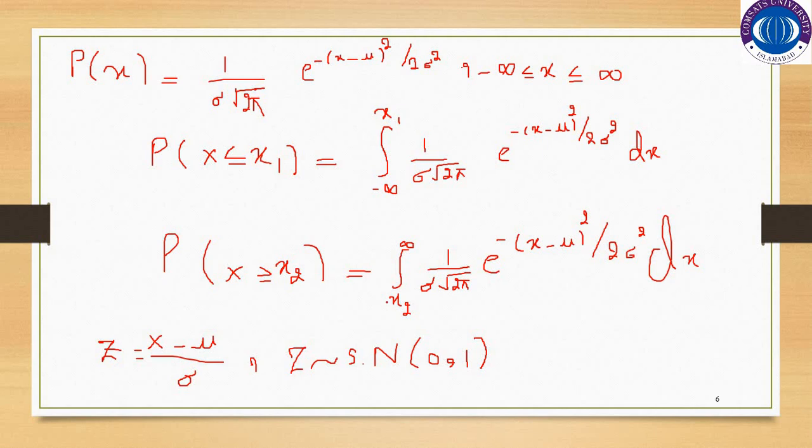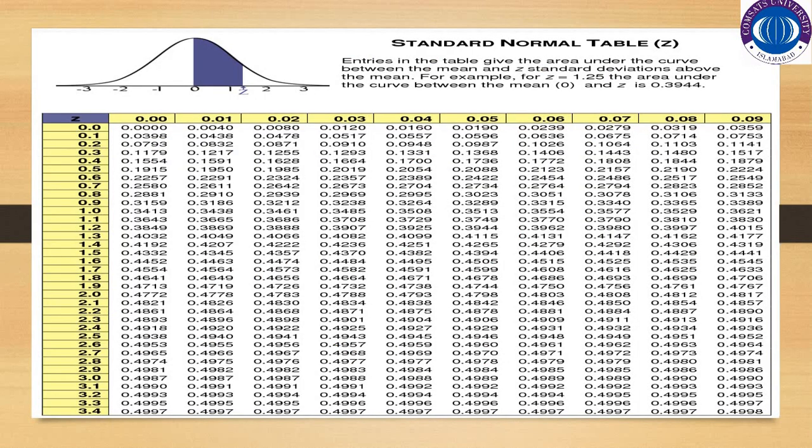Now we have this new random variable z, and we have this distribution, the standard normal distribution. If we concentrate on this table, these are the values for the random variable z, and the body of the table represents the probabilities calculated for a particular value of z.